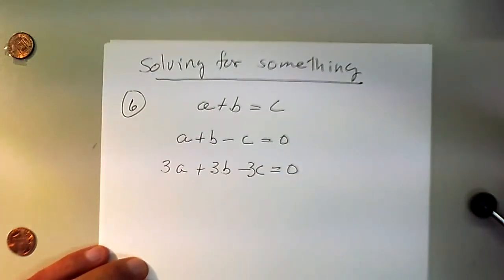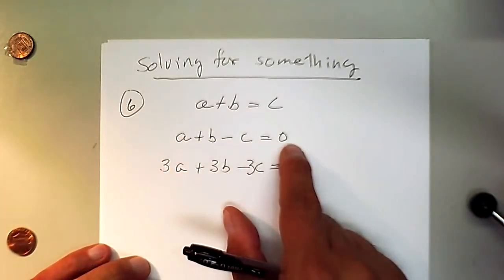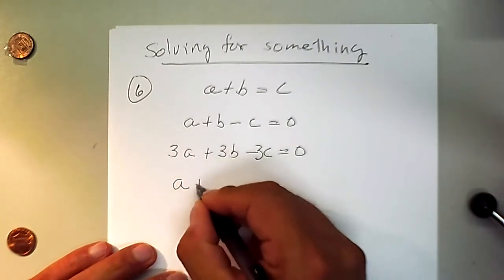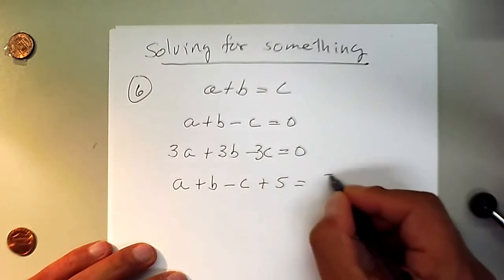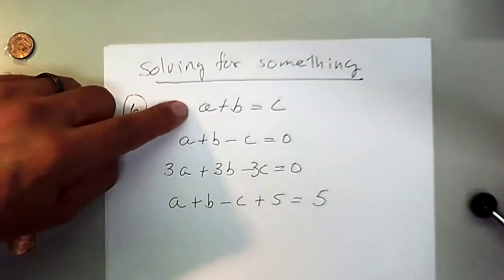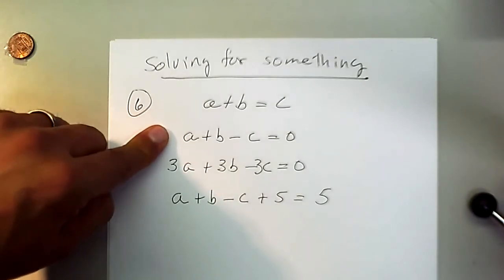And that's equivalent. Or start back with this equation and add 5 to both sides of the equation. You can rewrite this as A plus B minus C plus 5 equal to 5. There's many ways to write this equation. This is one of the simpler ways, and this is not as simple, but this is simple enough too.